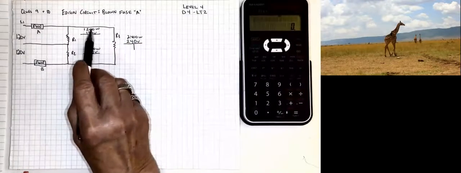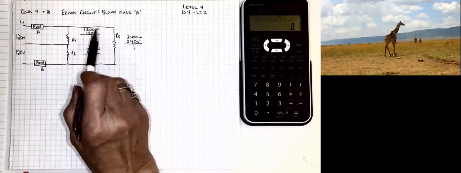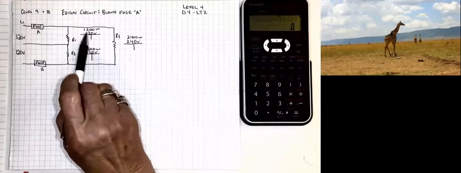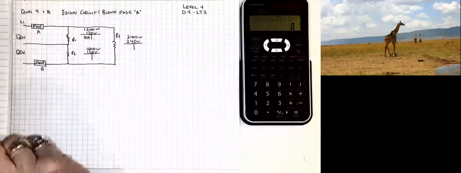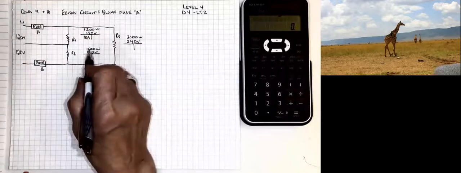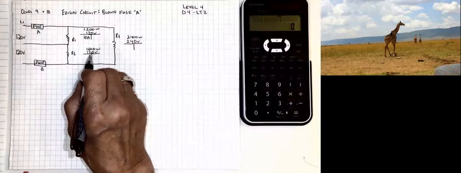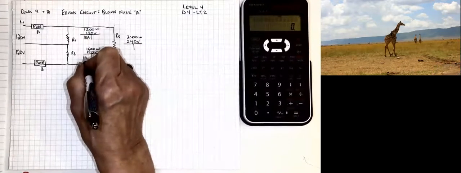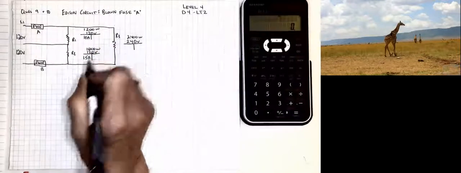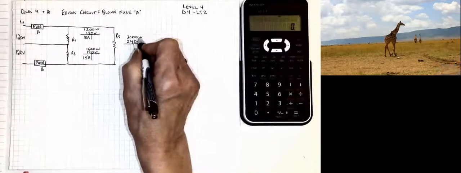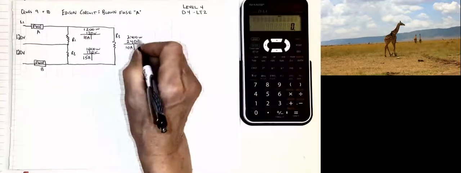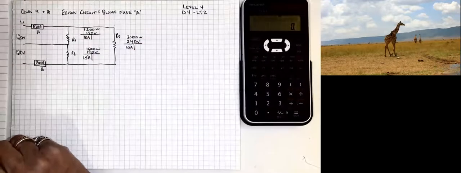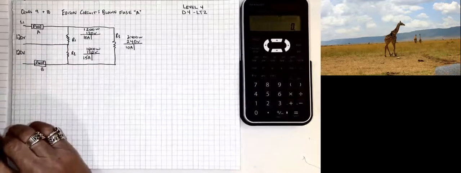So if I go with P equals I times E, I can divide 1200 by 120, and that will give me a 10 amp current flow through R1. 1800 watts divided by 120 volts will give me a 15 amp flow, and 2400 divided by 240 gets me 10 amps out here.